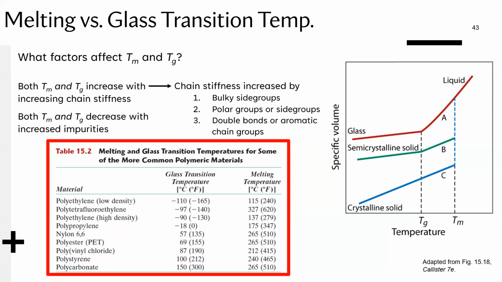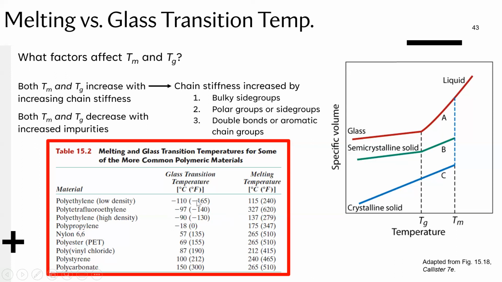It will become easier to deform. At the moment, it's rather brittle, okay? So you can see that a lot of these materials are brittle at room temperature. They're glassy, right? If you heat them up to their glass transition temperature, now they become deformable. If you heat them up to their melting temperature, now they become a liquid. So in between here is a good region to deform them, right?